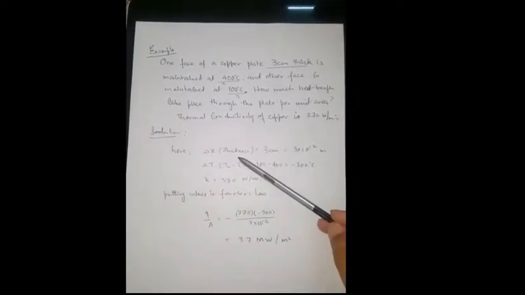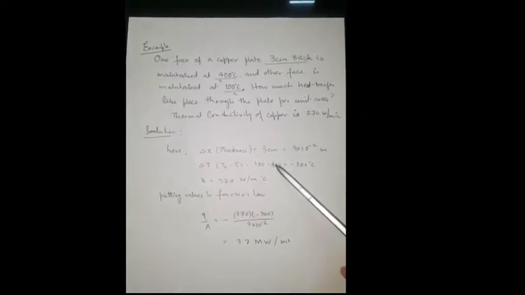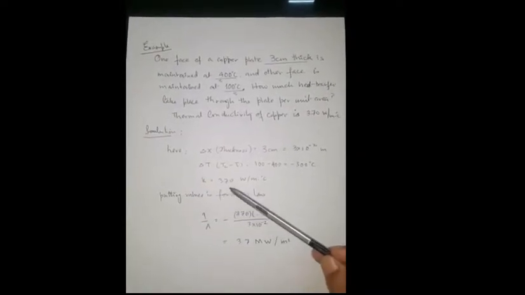We first calculate dx, which is 3 cm as given for the thickness. Converting into meters, 3 into 10 to the power minus 2 meter, and dt is the difference in temperature, which is 100 minus 400, giving us minus 300 degrees Celsius, and K is 370.